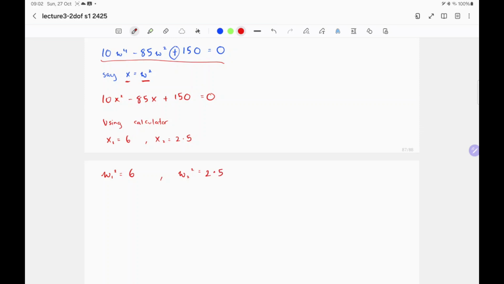So omega 1 is the square root of 6 and omega 2 is the square root of 2.5, which is 1.58.